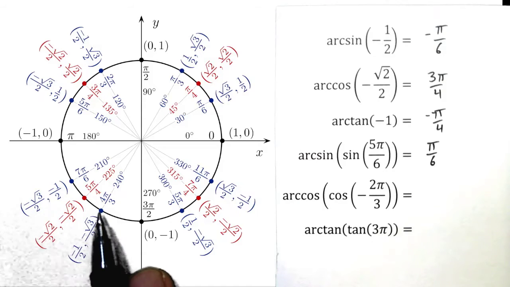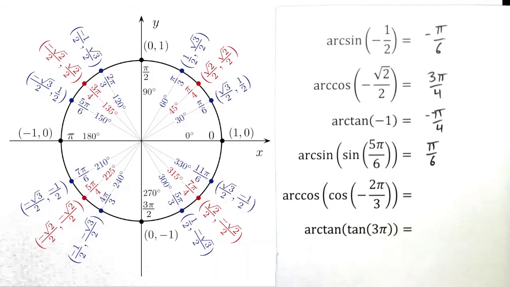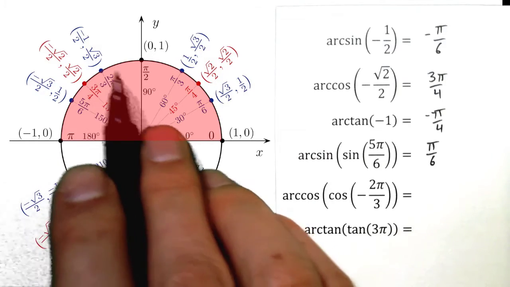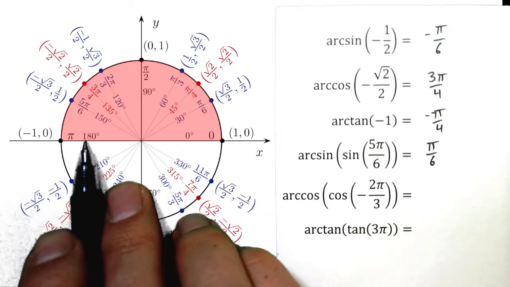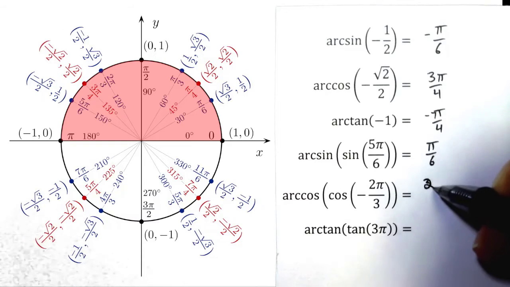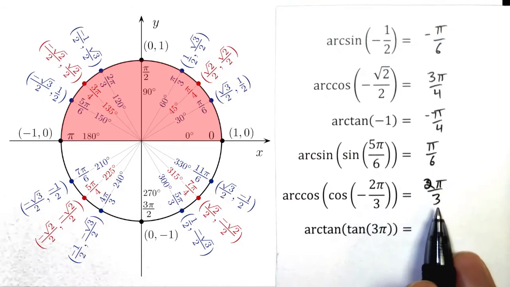Well, there's this one, but there's also this one. Which one is between 0 and pi? Well, it's this one. And what's the angle between 0 and pi that gets me there? Well, it's 2 pi over 3. So even though we started with negative 2 pi over 3, we end up with 2 pi over 3 as the answer.